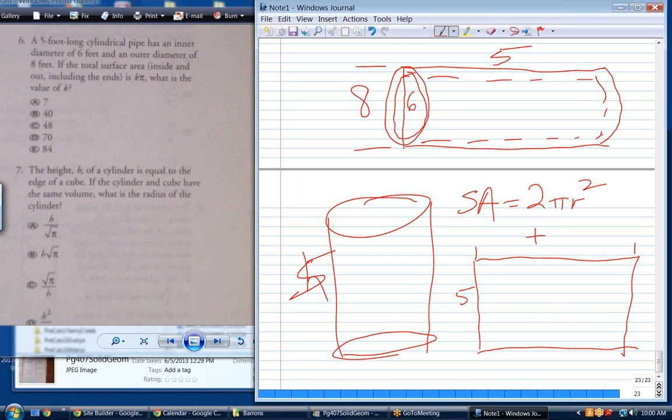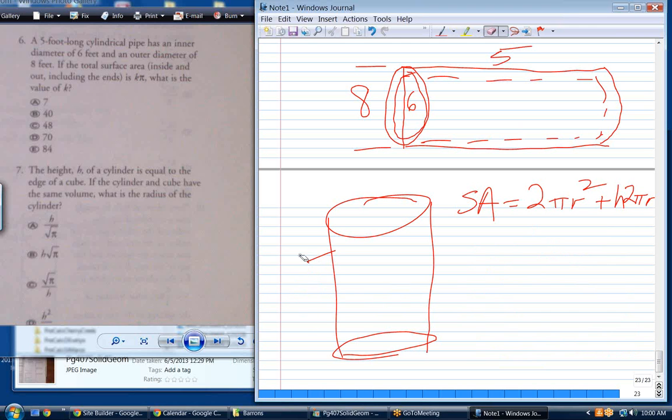That's going to be the circumference. Exactly, which is 2 pi r. So the surface area of the entire soup can is 2 pi r squared plus height times 2 pi r. So there's the formula for that. And the hardest thing to remember is that lateral surface area equals a rectangle when you unpeel it.